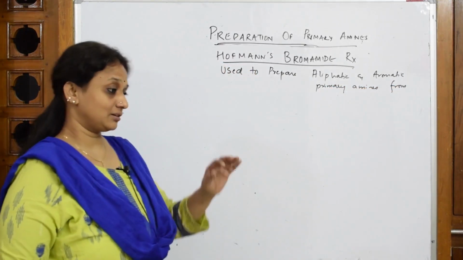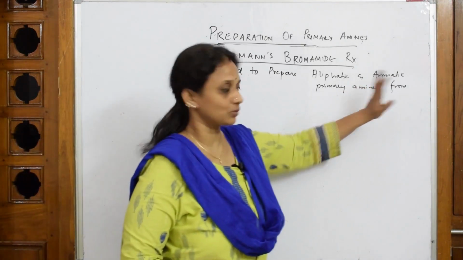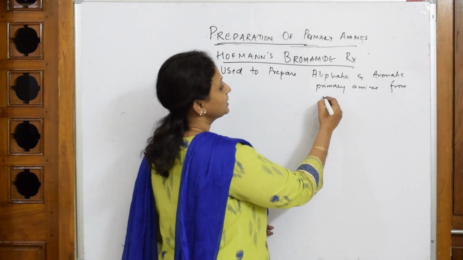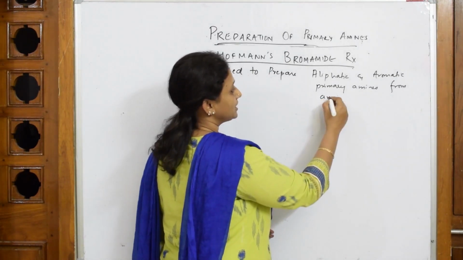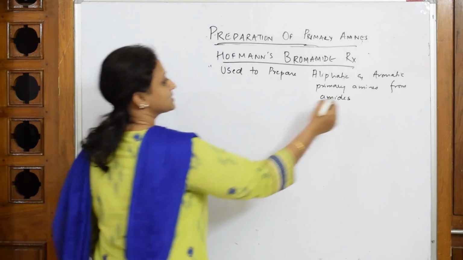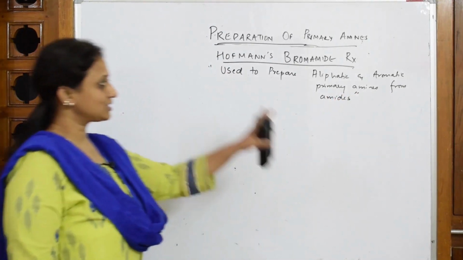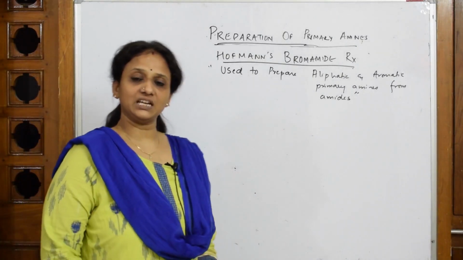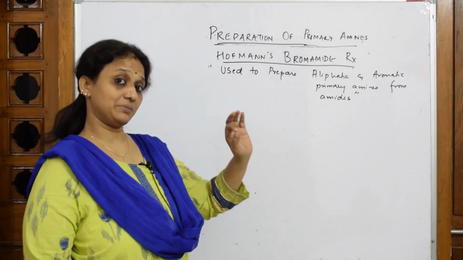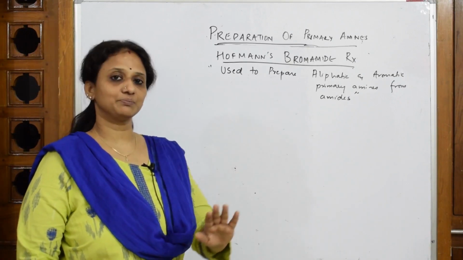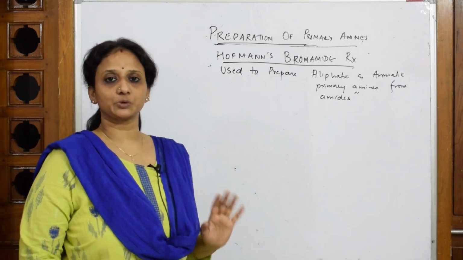So from where, that is also important, from amides. Yes, so at least this word, please remember. Now let us go into the basic thing. Whenever you have to prepare any primary amines, that is aliphatic primary amine and aromatic primary amine, simple, we try to use Hoffman's bromide reaction.